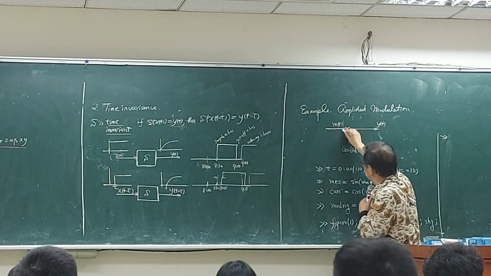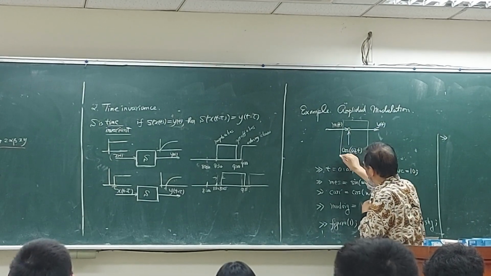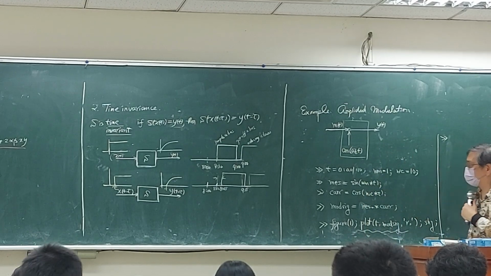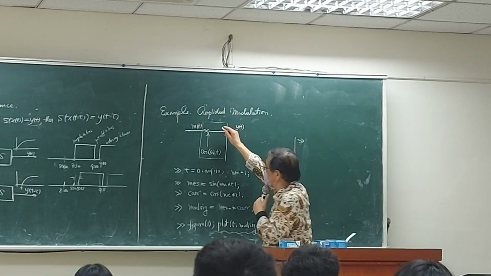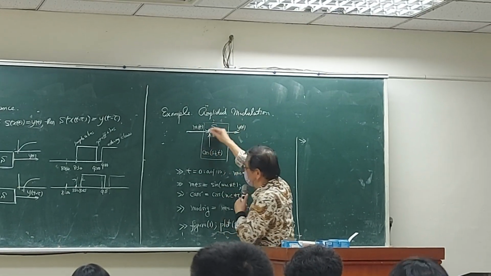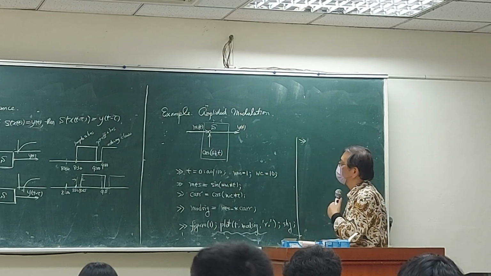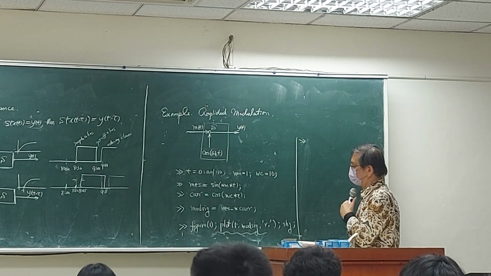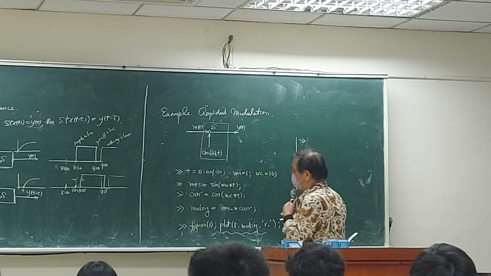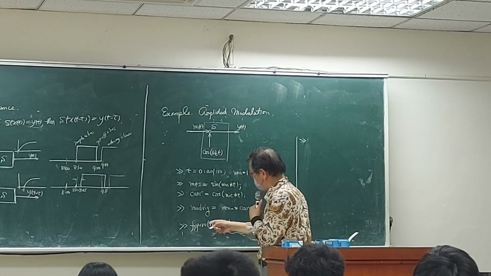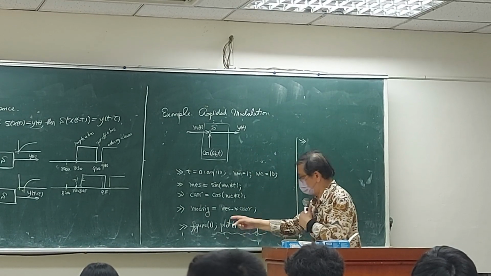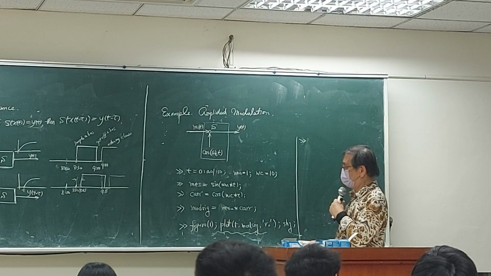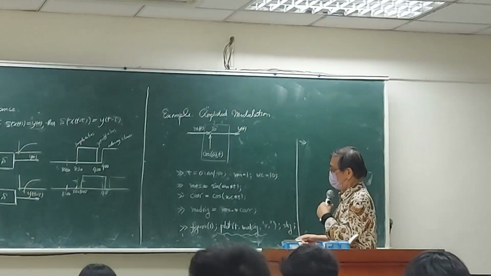Now since the message m(t) is the input, this is the modulation system, and this is the output. So once your modulated signal is done, you can plot it, see how it looks. Okay? And then let's shift.